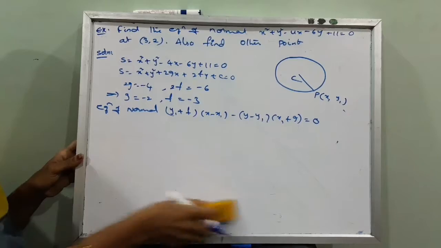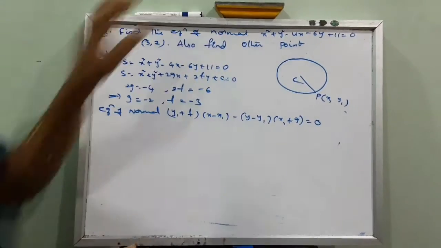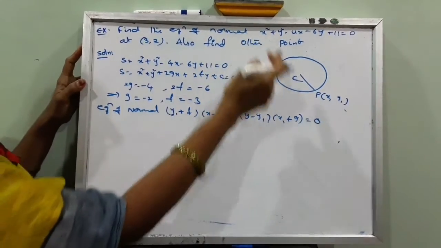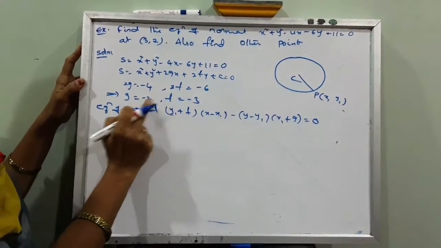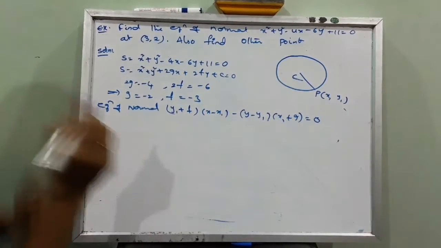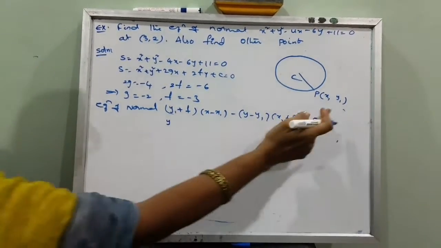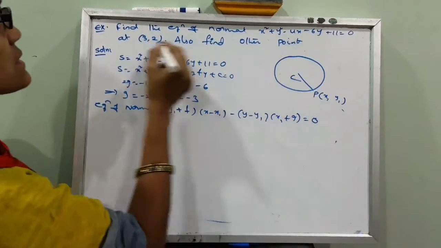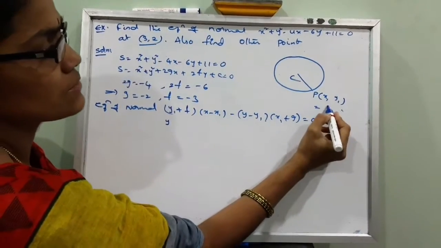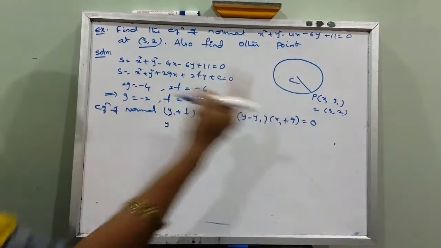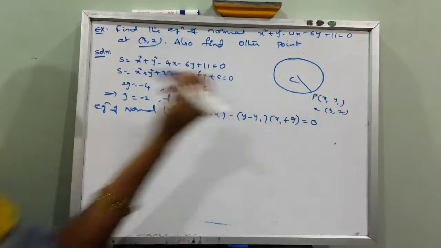This is the formula for the equation of the normal. Here the point is given, and the center is (minus 2, minus 3). The point is (x1, y1), which is (3, 2). Here x1 is equal to 3 and y1 is equal to 2.